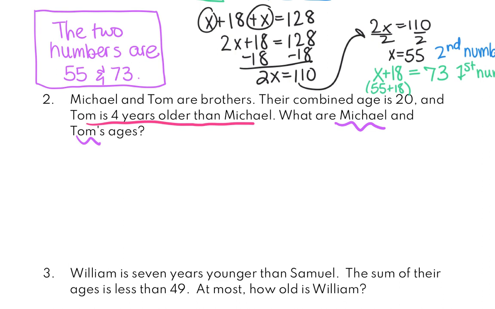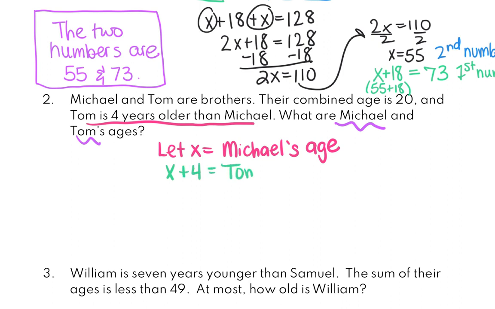Michael is the one we know nothing about. So we are going to let x equal Michael's age. Now we know that Tom is 4 years older. So x, Michael's age, plus 4 is going to be Tom's age.